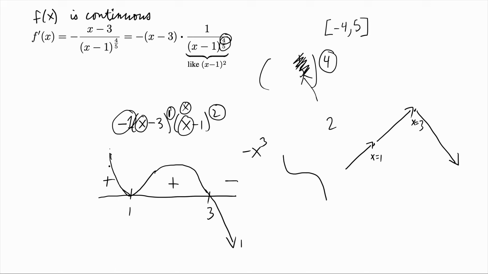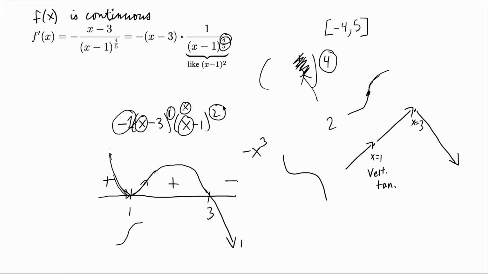As we're heading toward 1, it's heading toward a positive infinite slope, and away, a positive infinite slope. So it's going to look kind of like a vertical tangent. As we're coming up, vertical tangent is what that means. So we're going to get a vertical tangent right here at x equals 1.